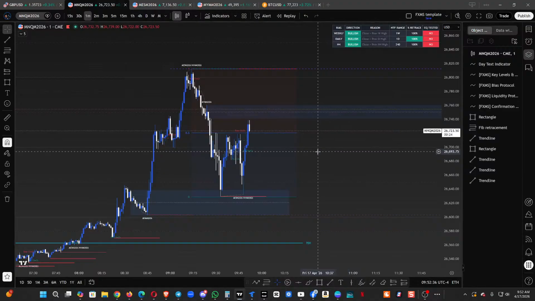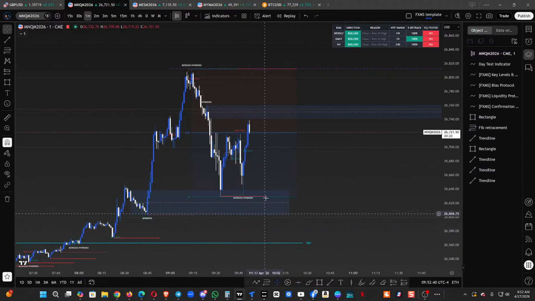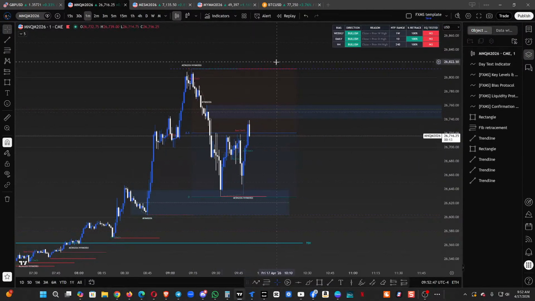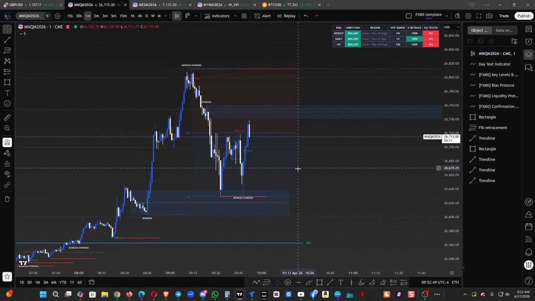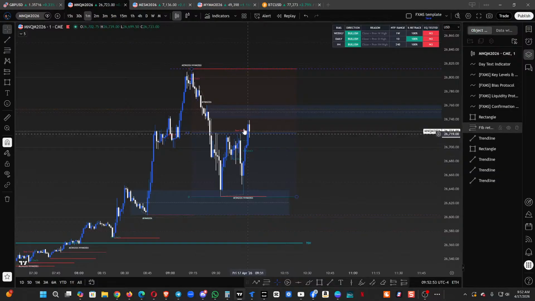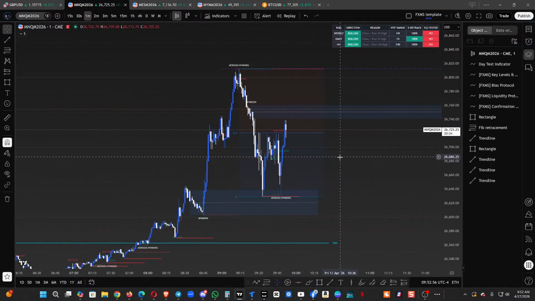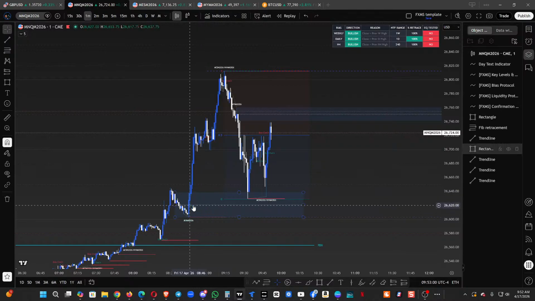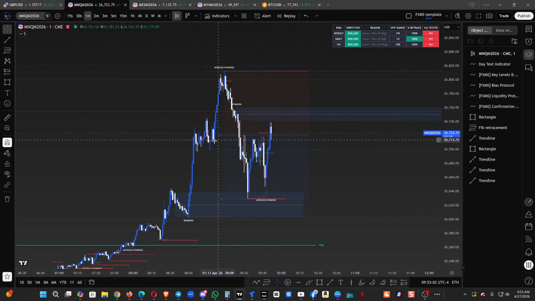I'd still want to see price either sweep out this low here to go long instead of waiting for all this, because this could go long. But if we get a move up to take out the highs here, that would be a better short than taking this one in between, even though this could still work out. But like I said, we're caught between two biases right now, right? We have two potentially valid directions that we could trade based off of these structures here.